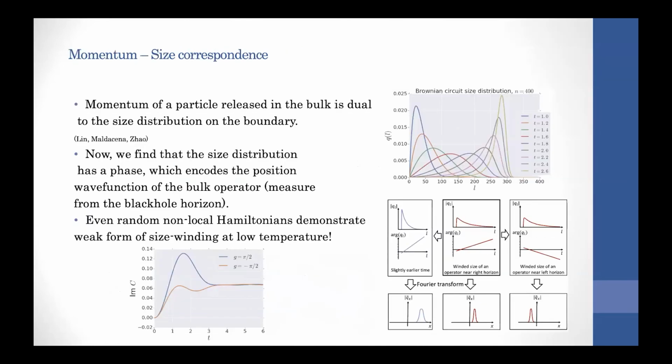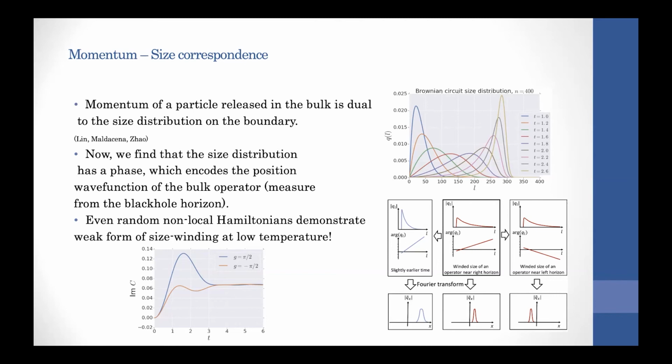So now I will more or less end with the momentum-size correspondence. Lenny and Adam and Henry Lin, Maldacena, and Ying Zhao were working on this idea that the momentum of a particle that's falling in the bulk is really dual to the size distribution, or the derivative of the size distribution, on the boundary.